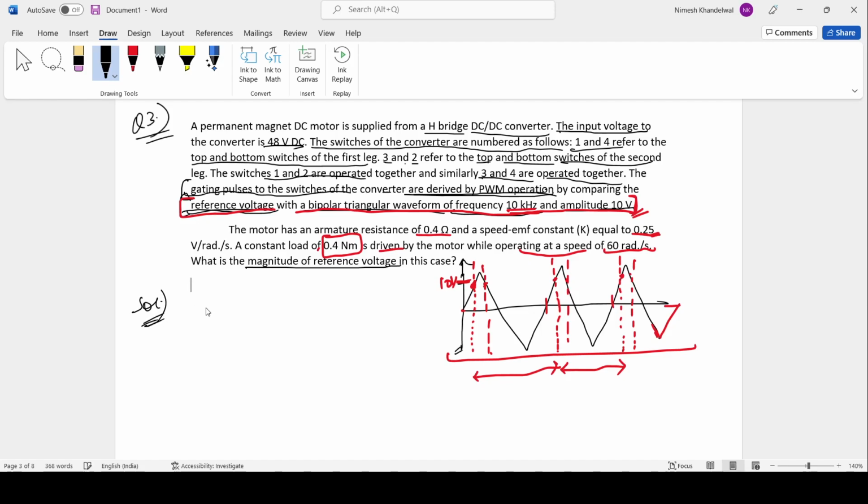I'll just write the quantities first that have been given to us. Armature resistance is 0.4 ohm, and the speed EMF constant has been given as 0.25 volts per radian per second.